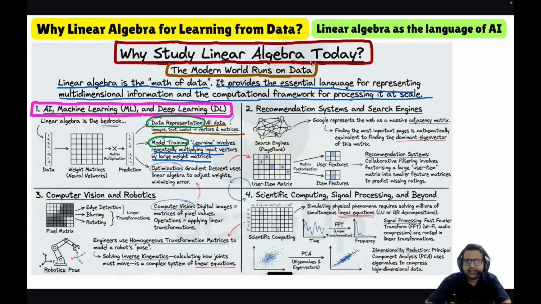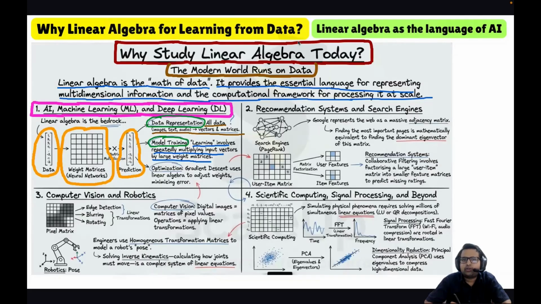The idea is that we have the input data and the weight matrix. Using the principles of linear algebra, we multiply the input vector with the weight matrix to get some prediction vector. So we carry out matrix multiplication, which is a concept of linear algebra.